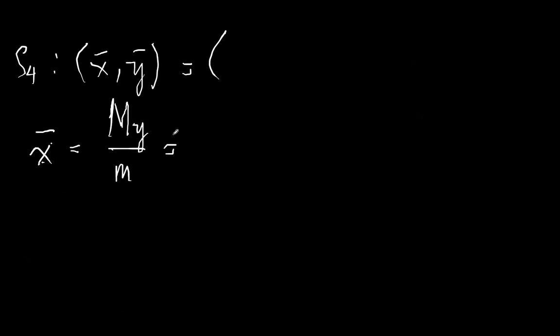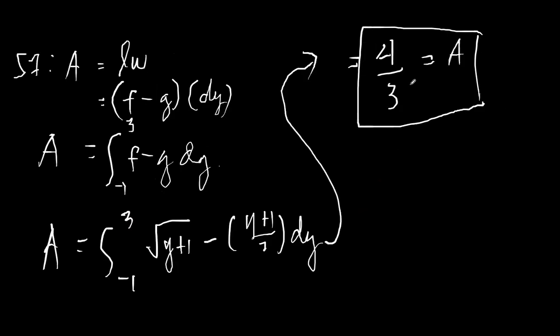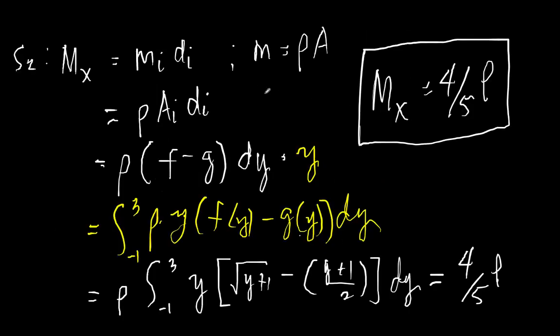The moment about the y-axis is 4 rho over 3, wherein the area is equal to 4/3.